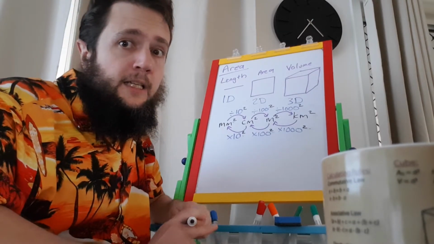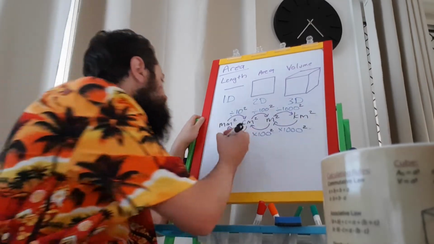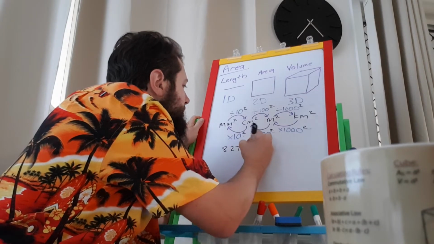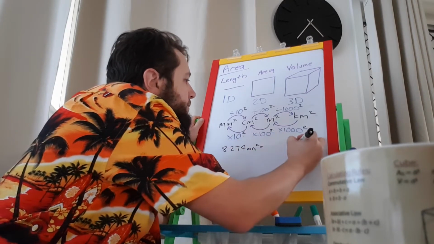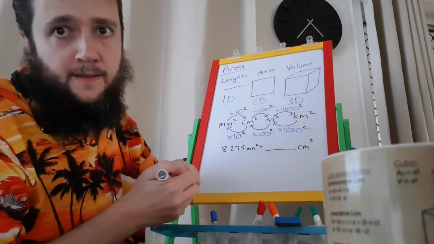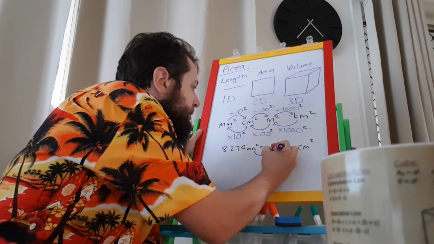We're going to do a quick couple of examples of converting between units of area. So let's do 8,274 millimetres squared into something centimetres squared. Right, so normally millimetres to centimetres.